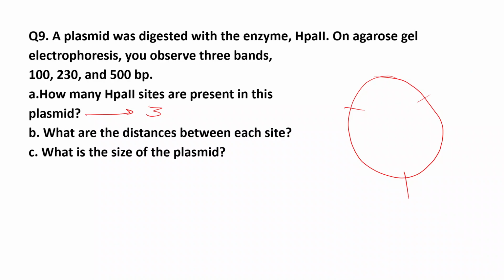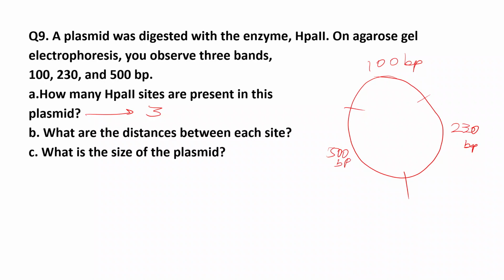So maybe I can put this one as 100 base pair, then you have 230 base pair and 500 base pair. What are the distances between each site? That you can calculate using the differences in the base pairs. And what is the size?